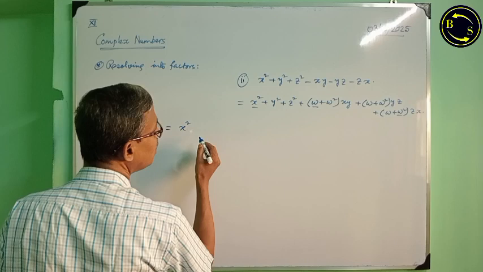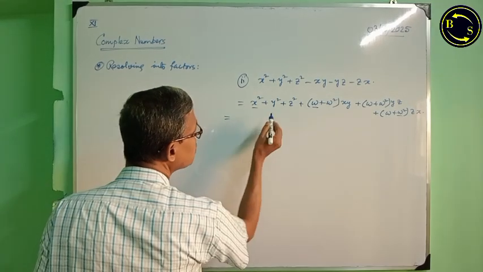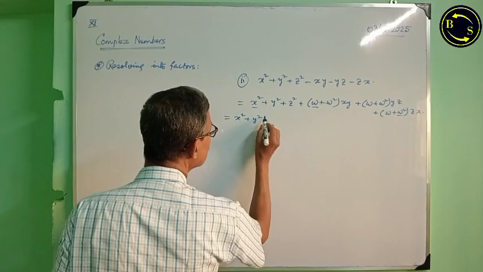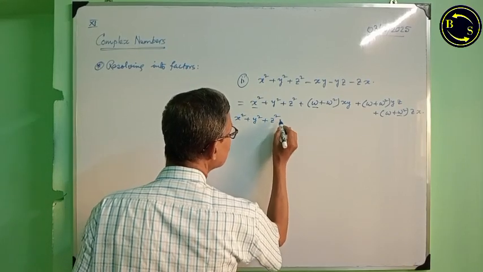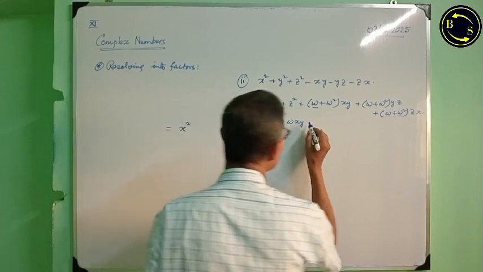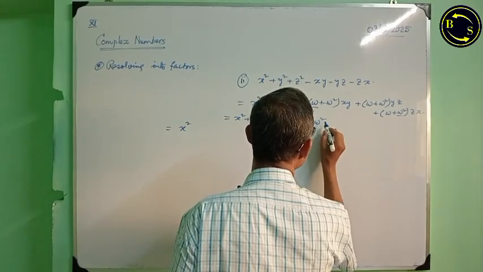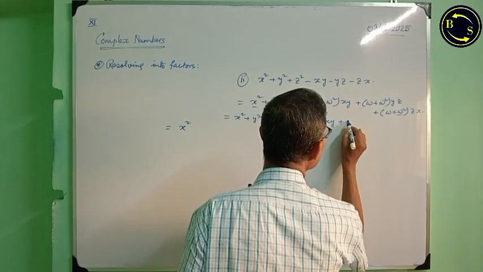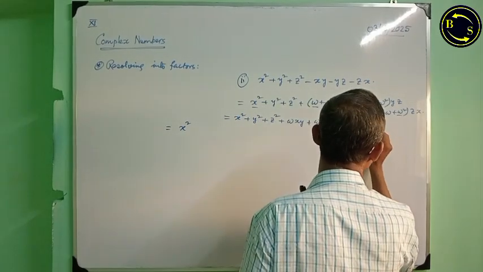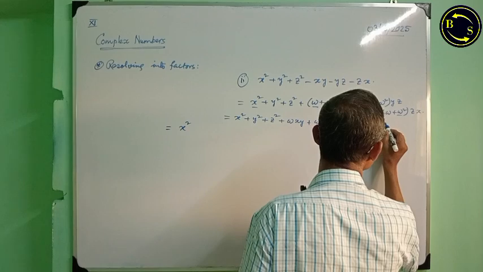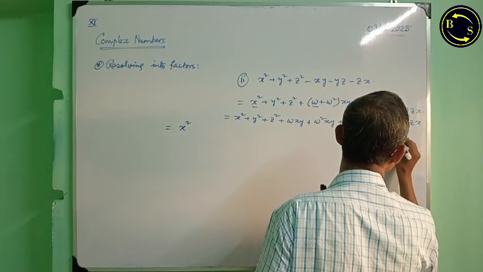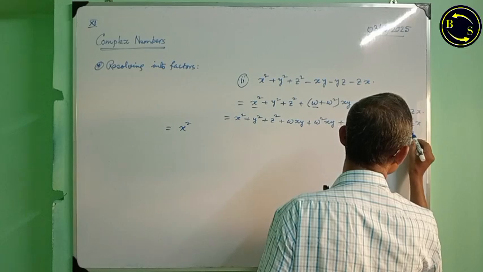That means you may first remove the brackets like this: x square plus y square plus z square plus omega xy plus omega square xy plus omega yz plus omega square yz plus omega zx plus omega square zx.